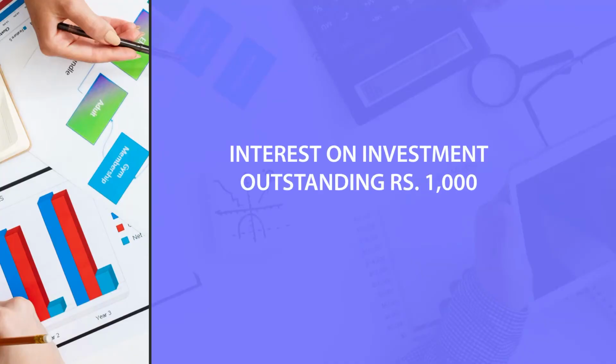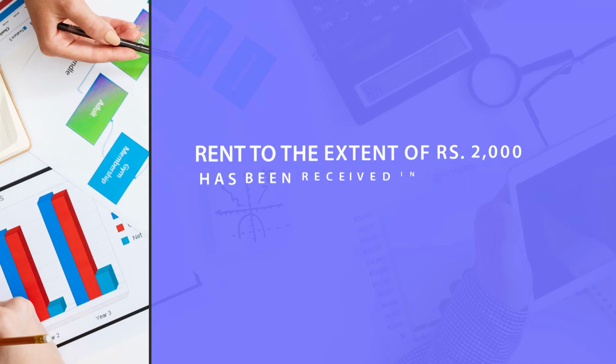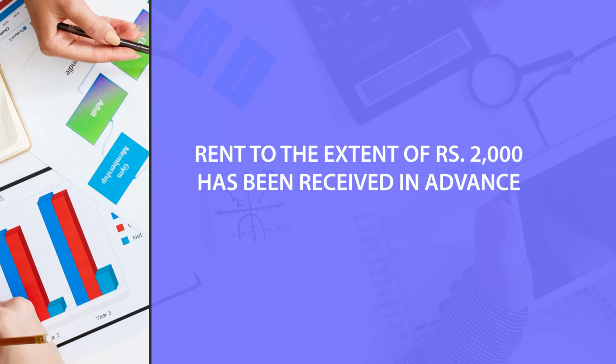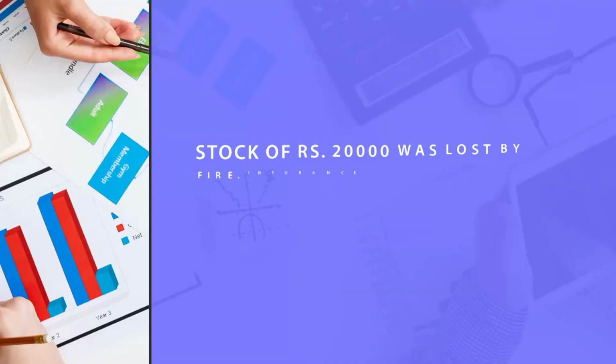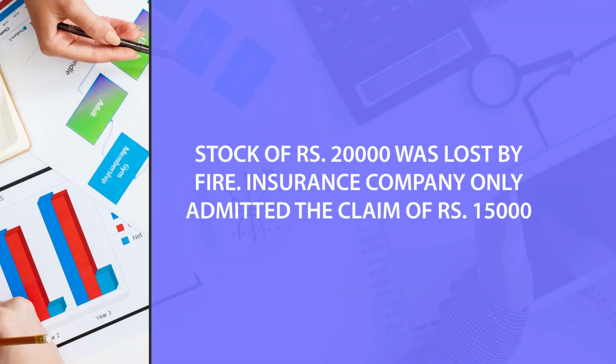Interest on investment outstanding rupees 1000. Then the next one is rent to the extent of rupees 2000 received in advance. So we have received rupees 2000 in advance as far as the rent received is concerned. Stock of rupees 20,000 was lost by fire.